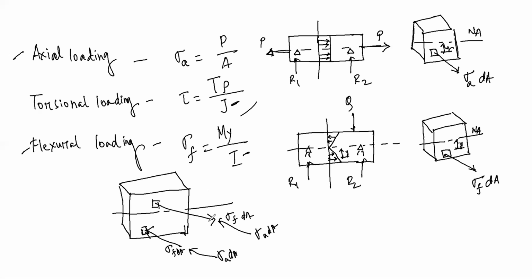so what's happening here is that in case of flexural loading, we know that both of these will be in opposite directions. But in case of axial loading, we know that they will be in the same direction. This is what is shown here, right? Okay.